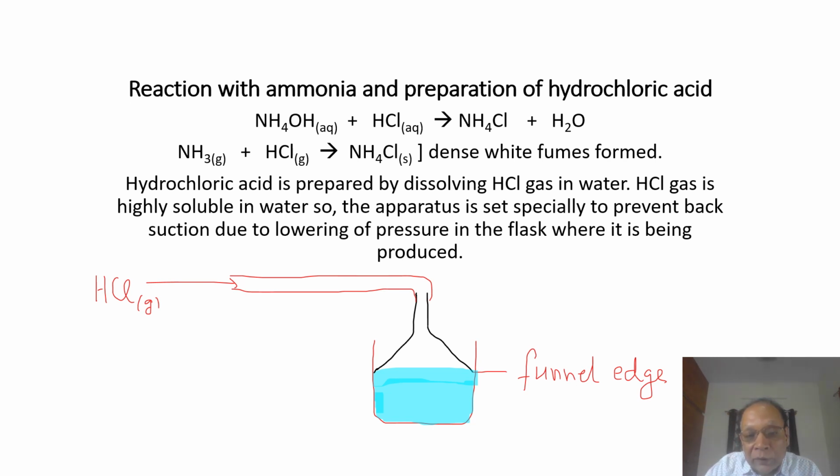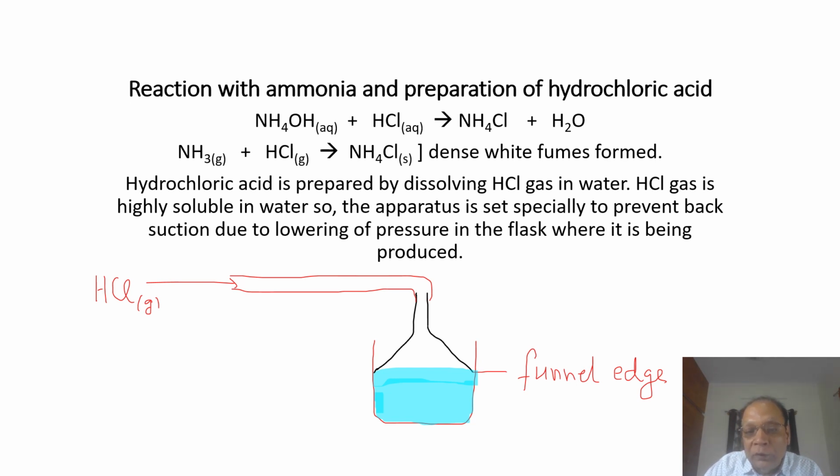And see the funnel arrangement. This is funnel arrangement. It is just slightly dipped inside the water surface. If I dip it too much inside, water will move up and it will flood the production apparatus.